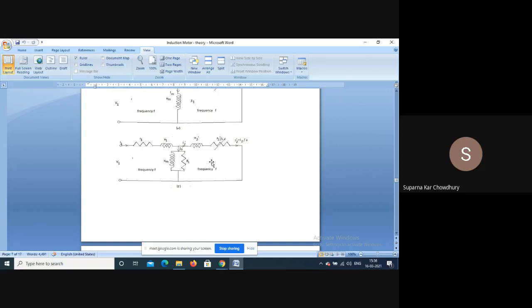We have referred the rotor equivalent circuit to frequency level F by some manipulation, but physically it can also be explained in this way. Actually, in the rotor circuit, we have current flowing in the rotor winding.